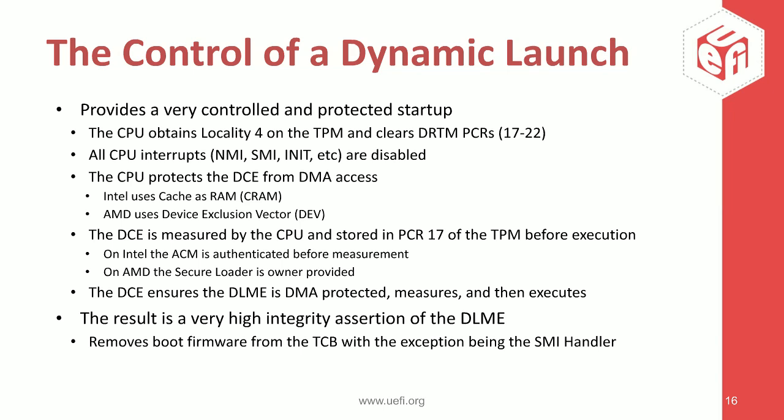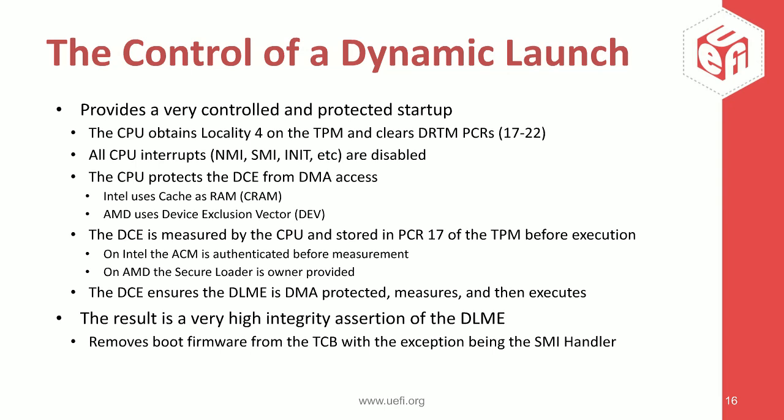hardware features. First of all, the CPU obtains locality number 4 on the TPM and clears all DRTM PCRs. All CPU interrupts are disabled, and the CPU protects the DCE from DMA accesses. On Intel platforms, the CPU uses something which is called cache as RAM.